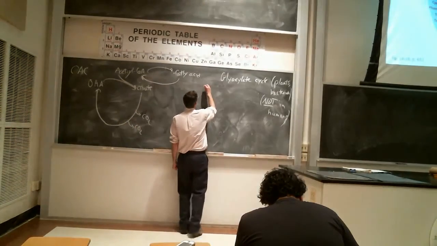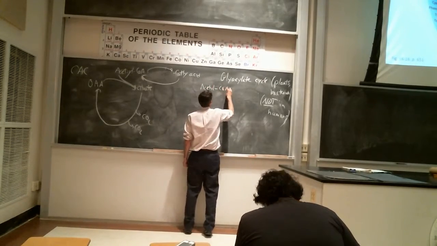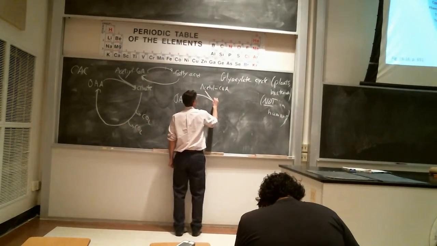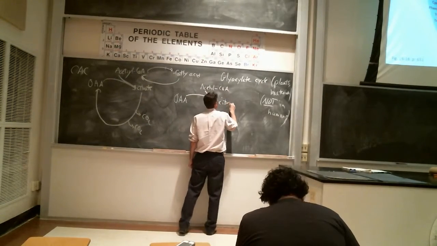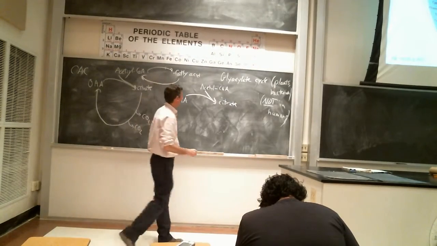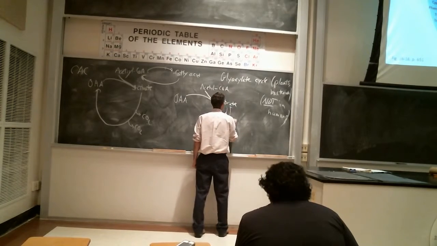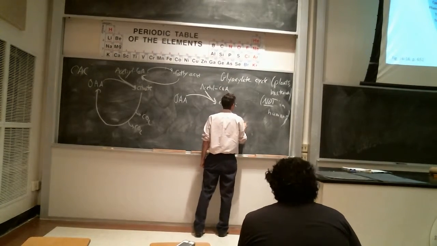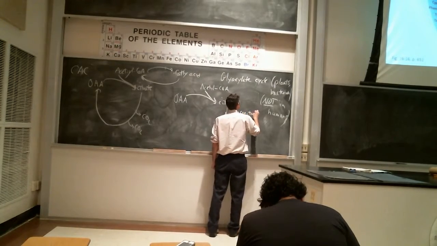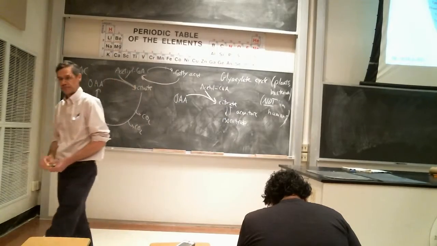So what is the glyoxylate cycle? The glyoxylate cycle starts with acetyl-CoA. The acetyl-CoA is combined with oxaloacetate by citrate synthase to make citrate. The citrate is then isomerized, or rearranged, to make isocitrate, in the reaction catalyzed by aconitase. So far, this is exactly the same as the citric acid cycle.